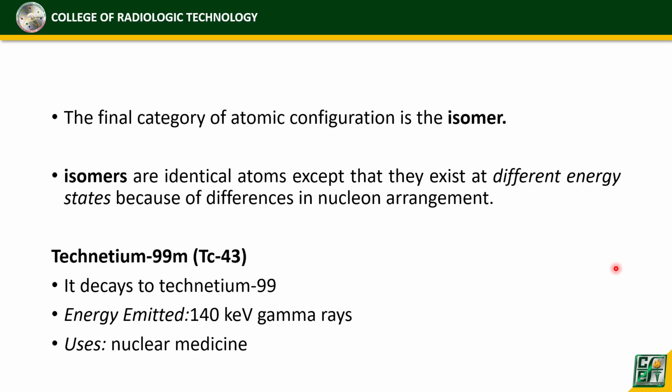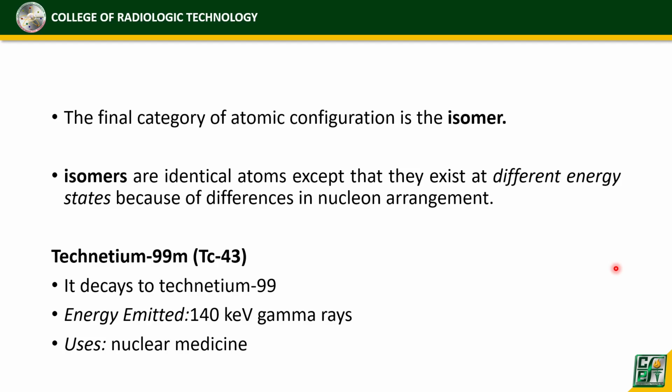Okay? May kulang ba? May kulang? Anong kulang? We have the isotope. We have the isobar. We have the isomer. May kulang ba? Meron. Isotone. Okay, so basically, yung isotone ay pareha siyang different.